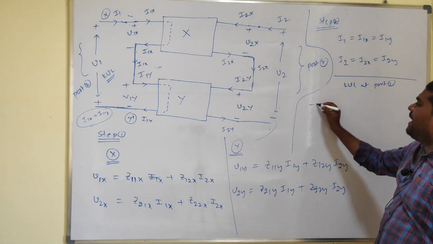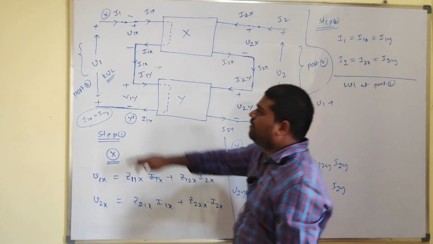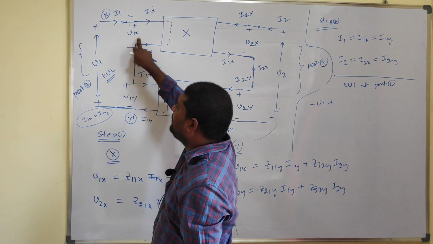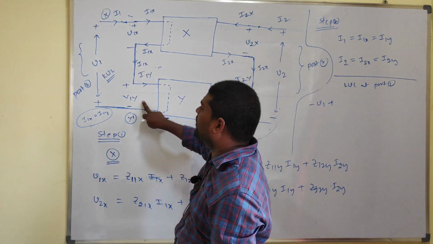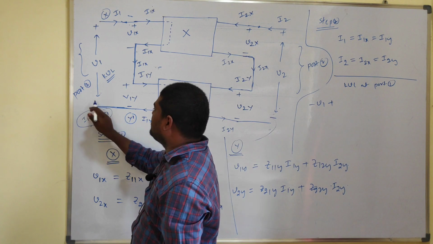Minus V1, the voltage drop here, and here one voltage drop V1x, and here the voltage drop V1y, and this one is the minus terminal.